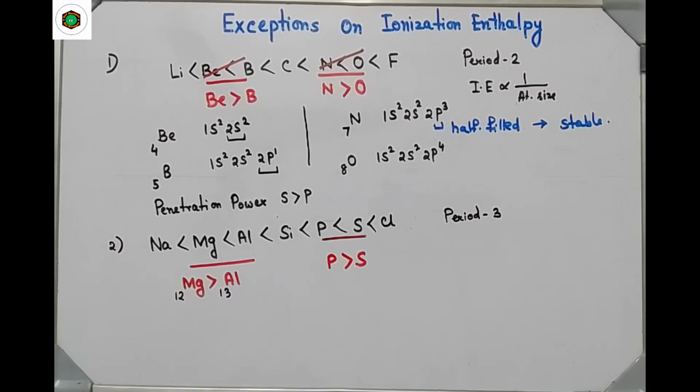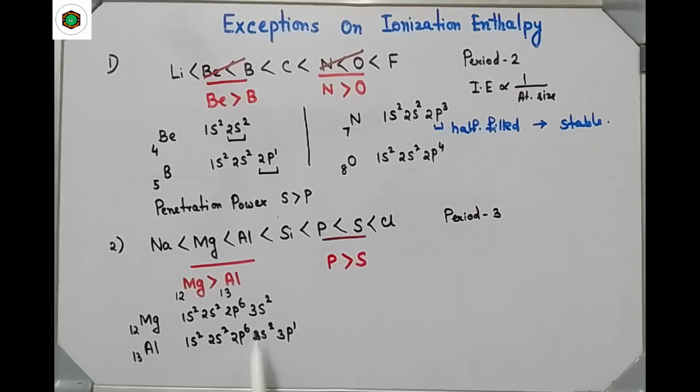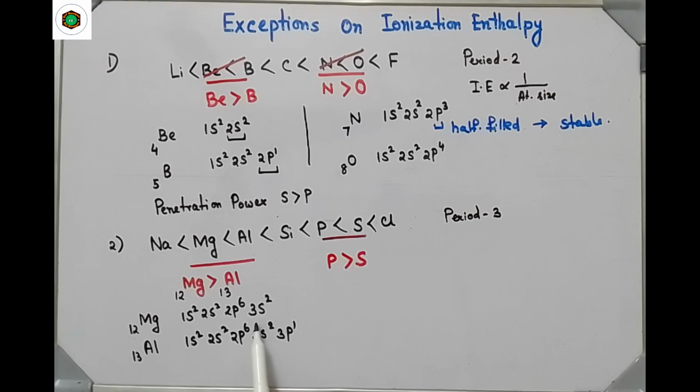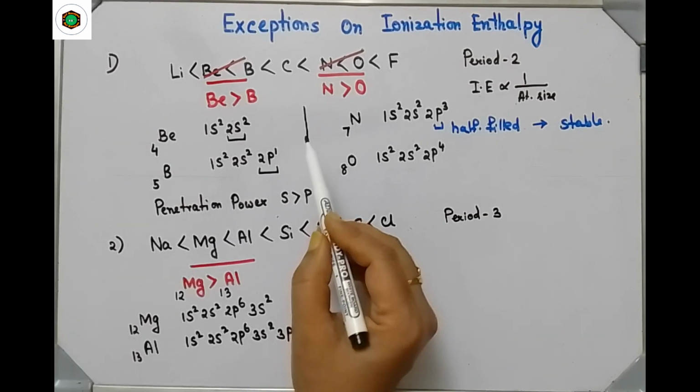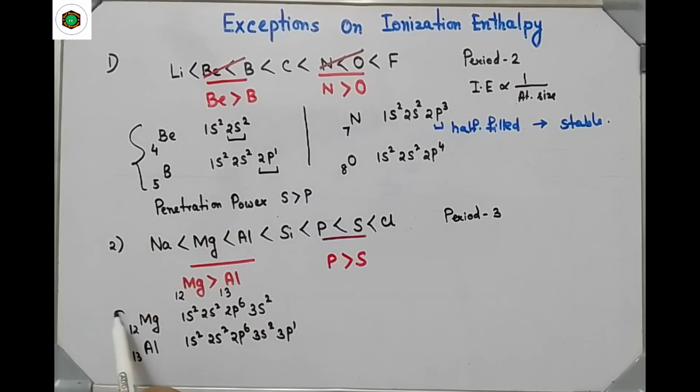Now consider the electronic configuration of magnesium and aluminium. Now see, these are the electronic configuration of magnesium and aluminium. You can see here 1s2, 2s2, 2p6, 3s2. So here electronic configuration is 1s2, 2s2, 2p6, 3s2, 3p1. So whatever explanation I gave here, by same explanation you can explain this thing also.